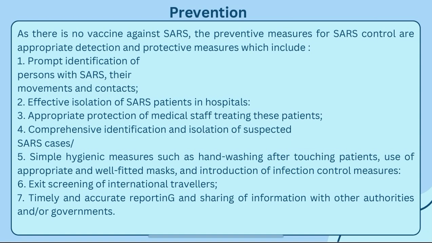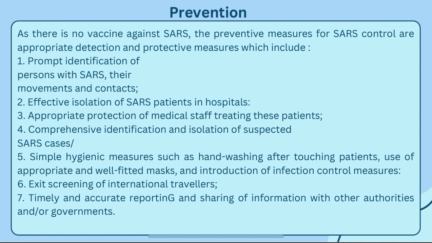measures, which include the identification of a person who is suffering with SARS, their movement in society and their contacts, the people with whom they are in contact, the effective isolation of SARS patients in hospitals, and the appropriate protection of the medical staff who are treating these patients.